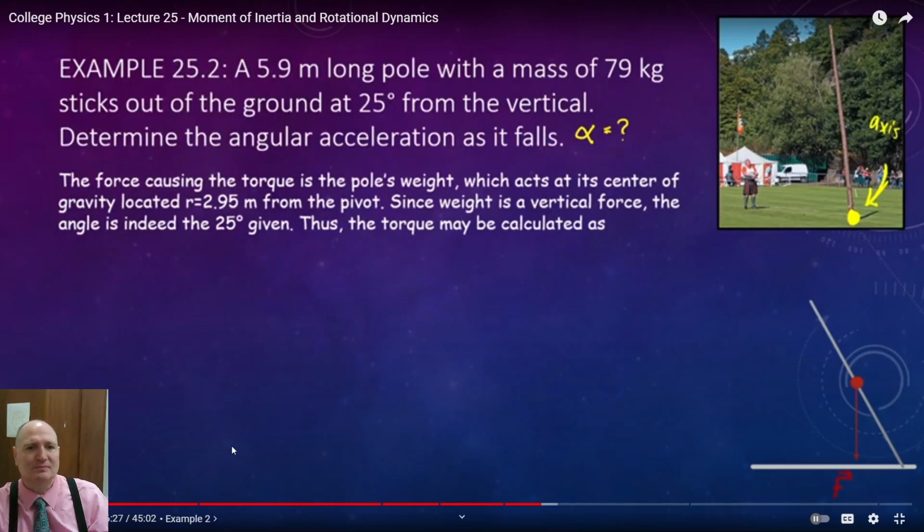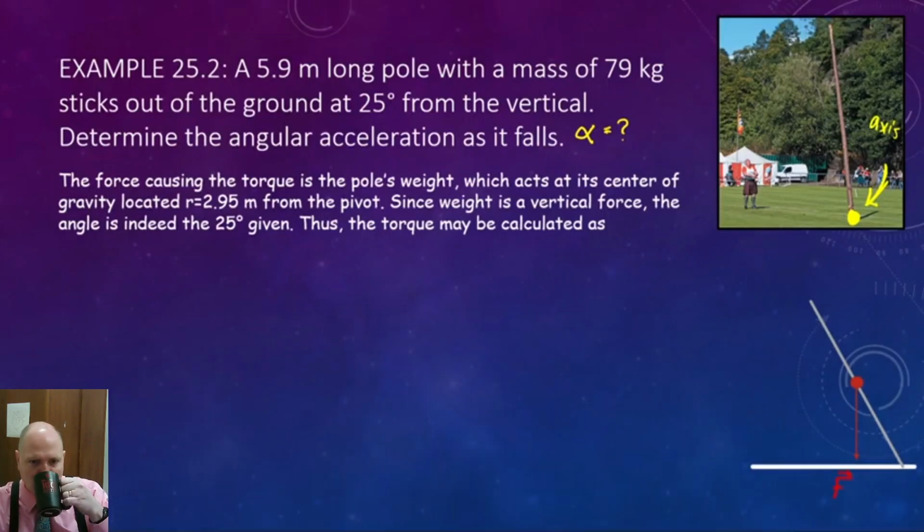In our last lecture, we introduced the concept of center of gravity. This is a uniform object, so the weight of this object should be acting right at the center. This is our center of gravity. Super important. COG, we'll call it. So the force should be acting at the center of gravity, right in the middle.